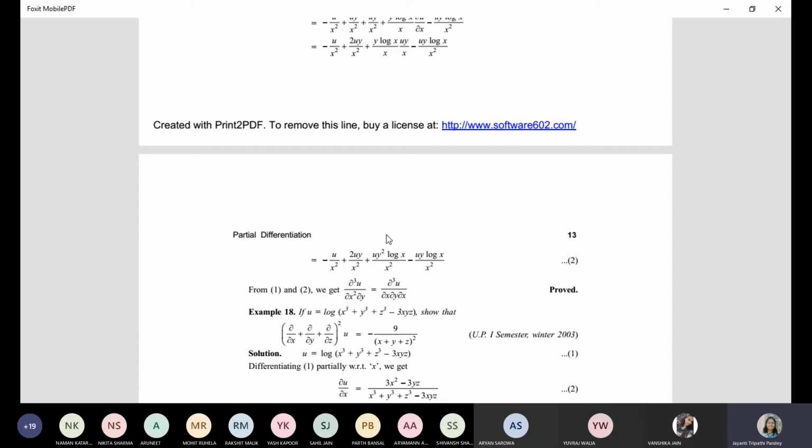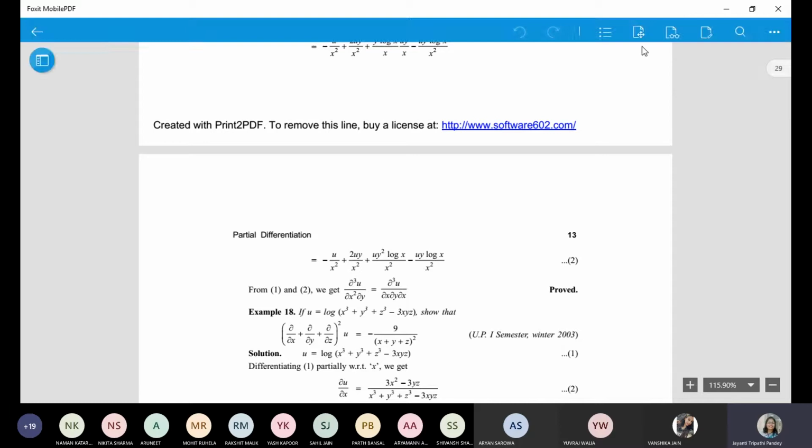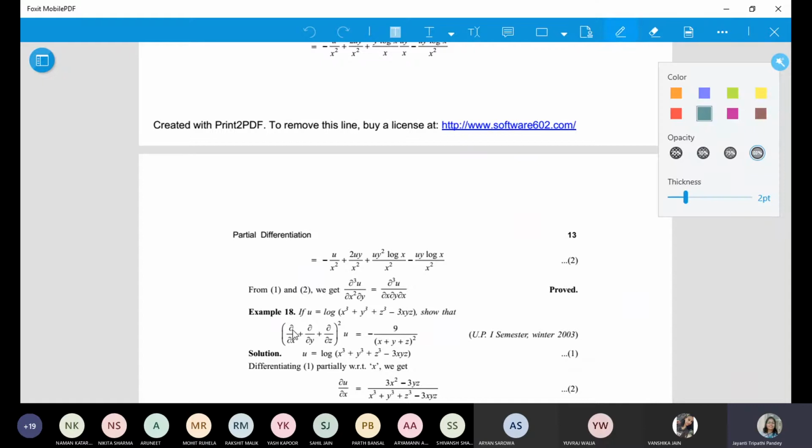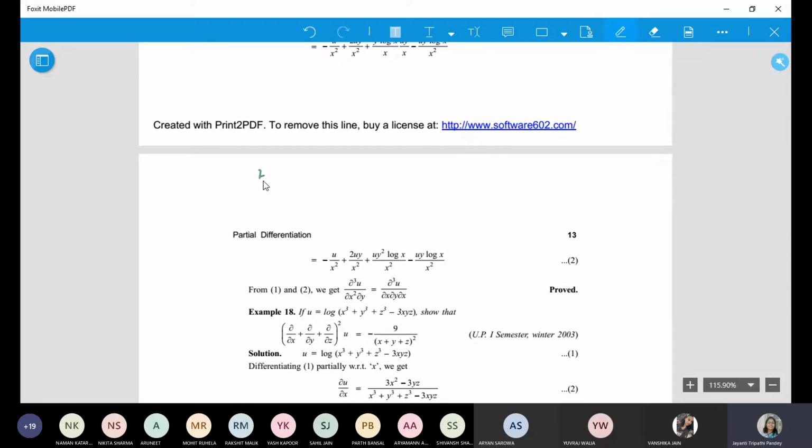Now I want you to notice a few things here. If you check this carefully, this is an operator. Always remember when you write del by del x, del by del y, that means this acts as an operator.